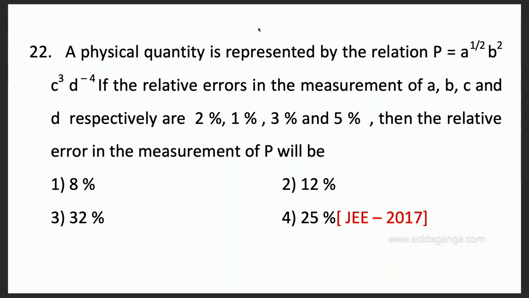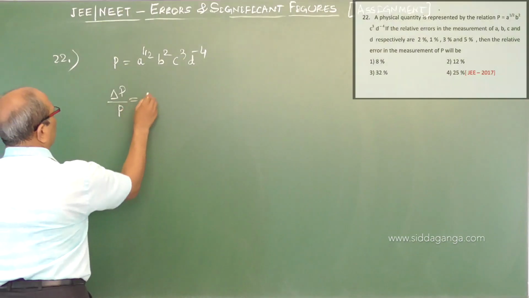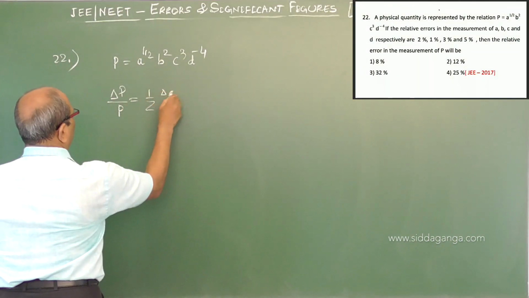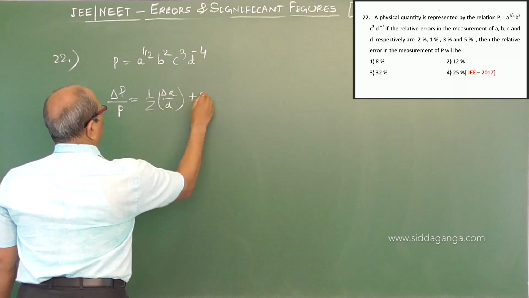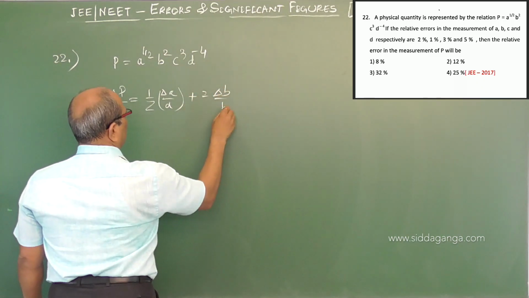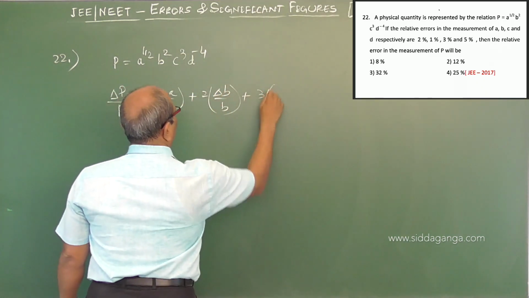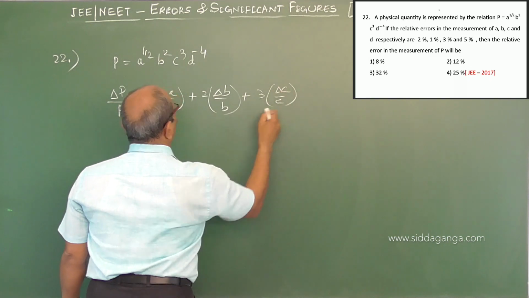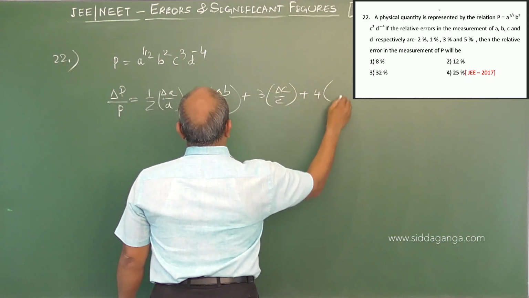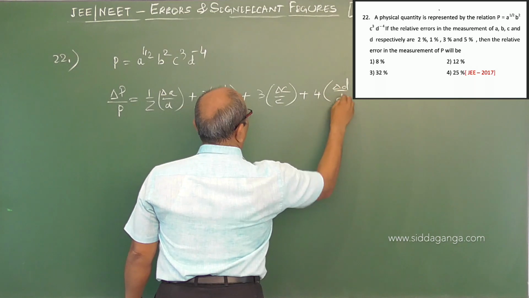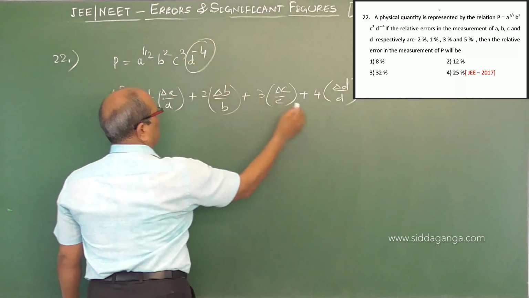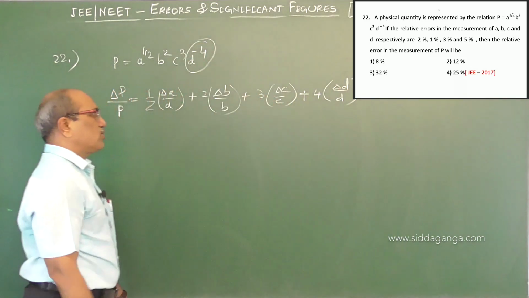If the relative errors in the measurement of A, B, C, D are 2, 1, 3, 5, the relative error of P will be, relative error is a fractional error, half into delta A by A plus 2 into delta B by B plus 3 into delta C by C plus 4 into delta D by D. So minus 4, don't take minus here, it must be plus.